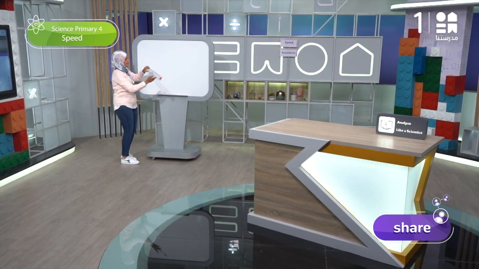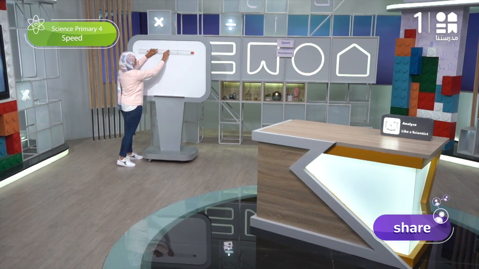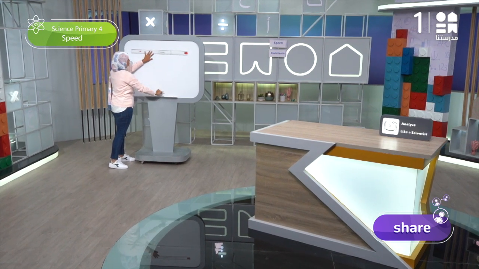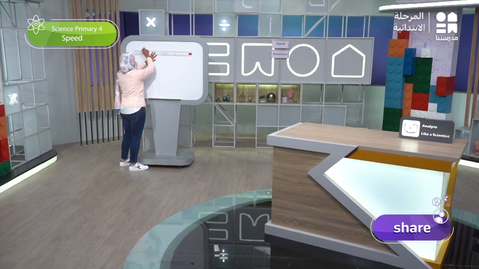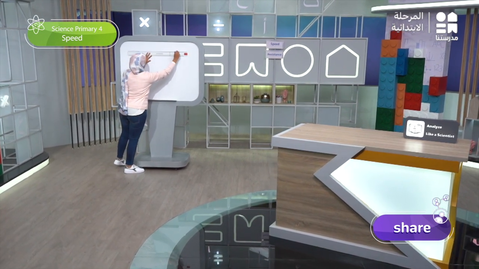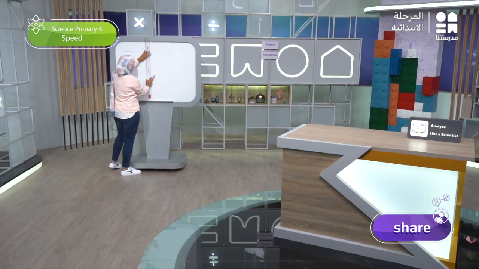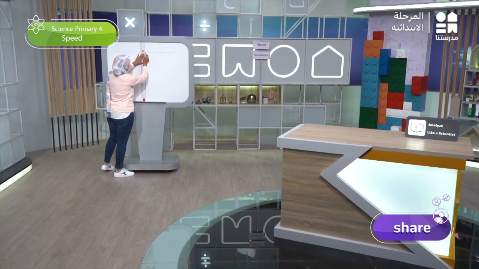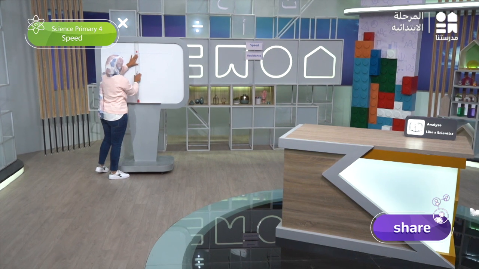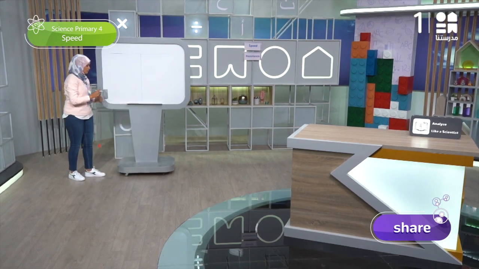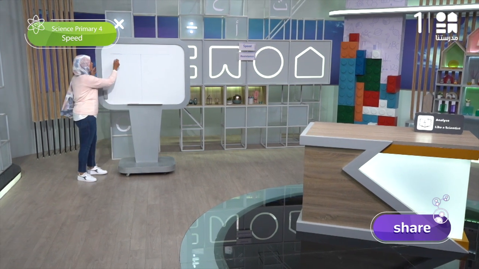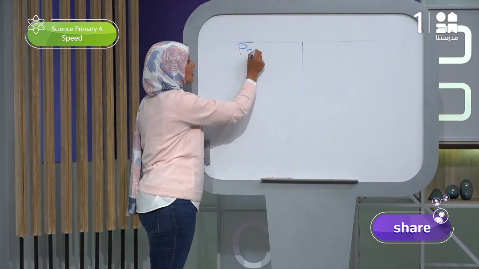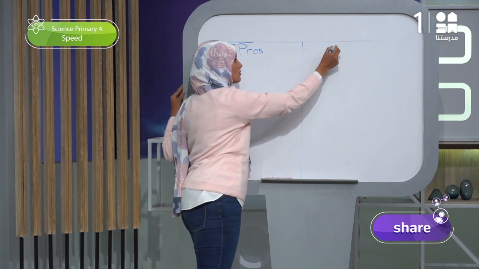Now we are preparing T table. Here you have the pros, and here you have the cons.